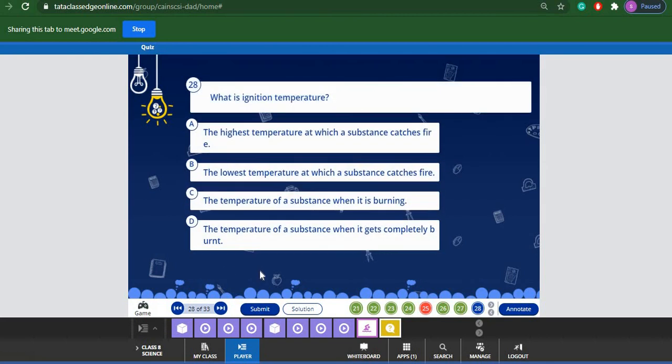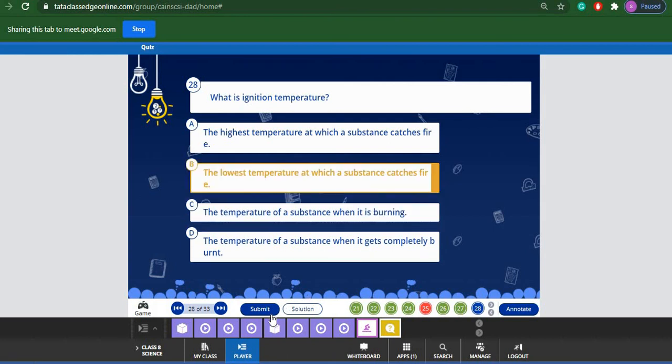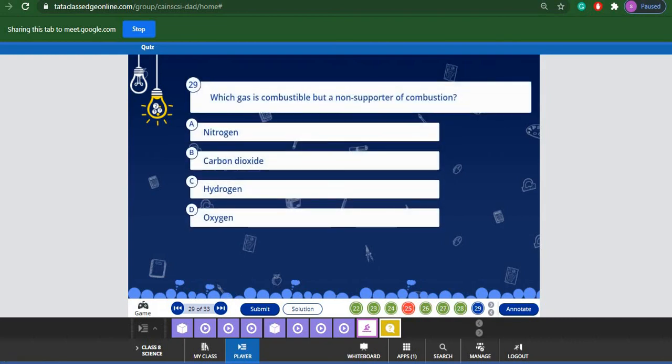Now this one, what is ignition temperature? You all know the definition. Sir, D. Sir, B. Yes. Now next one. Supporter, non-supporter.